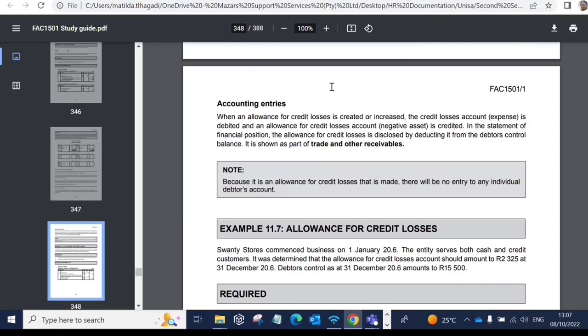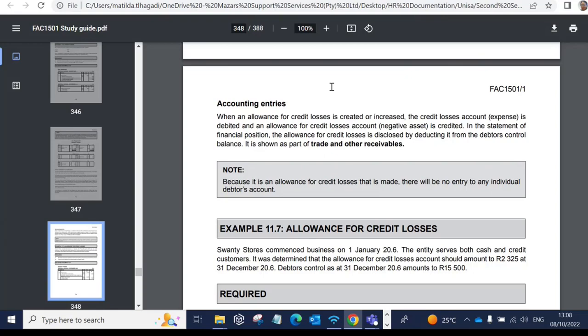So accounting entries. When an allowance for credit losses is created or increased, the credit losses account is debited and allowance for credit losses account credited.